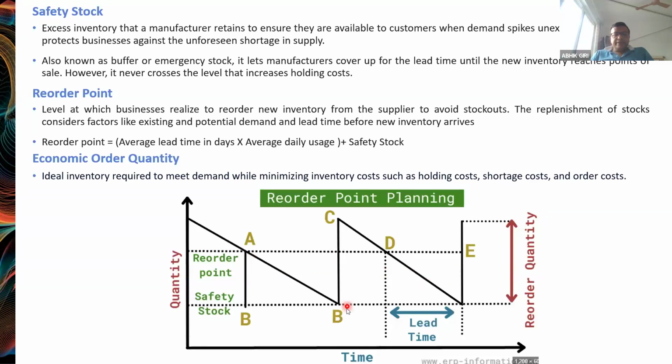The reorder quantity here is the distance on the y-axis between points C and B in this case. So this is what we refer to as reorder quantity.